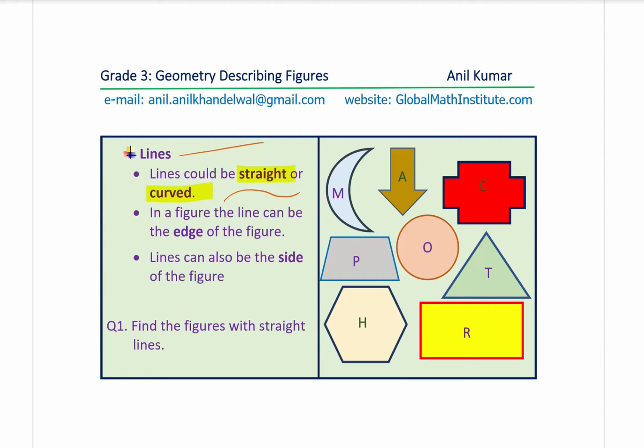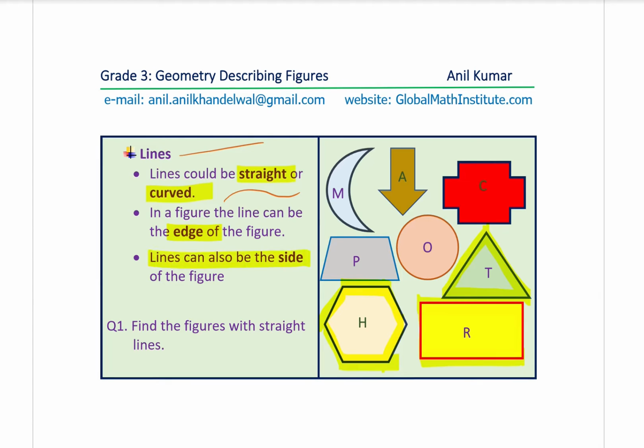In all these figures we can always call this an edge. This is the edge of a hexagon. It has got 6 lines here. You are familiar with the triangle, so that is the edge of the triangle. Line has also formed the edge of the rectangle in this particular case. So lines could be treated as edges.